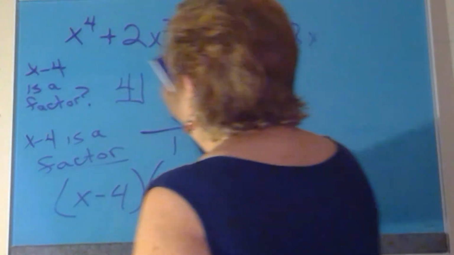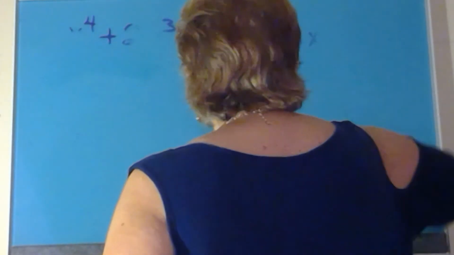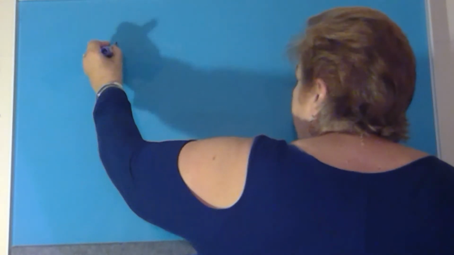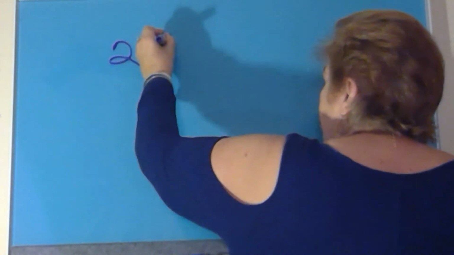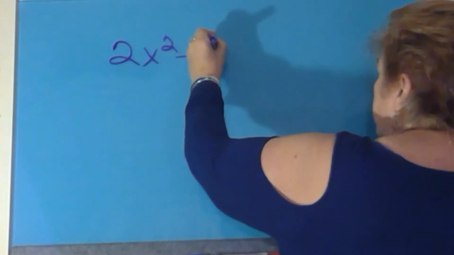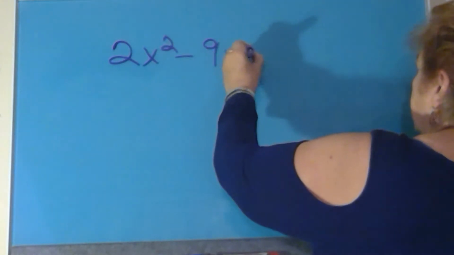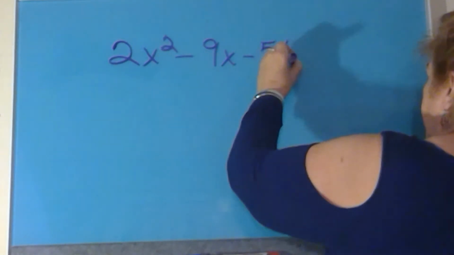Okay, that was problem number 4, and there was one more problem. The problem was 2x squared minus 9x minus 56.